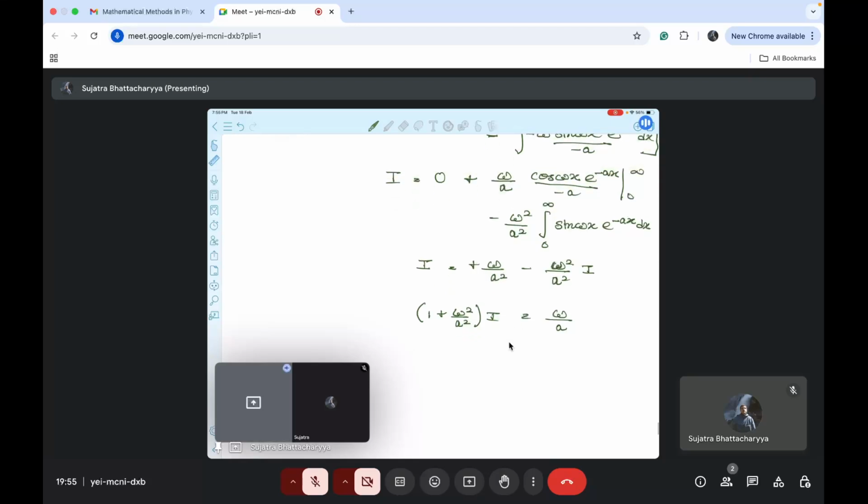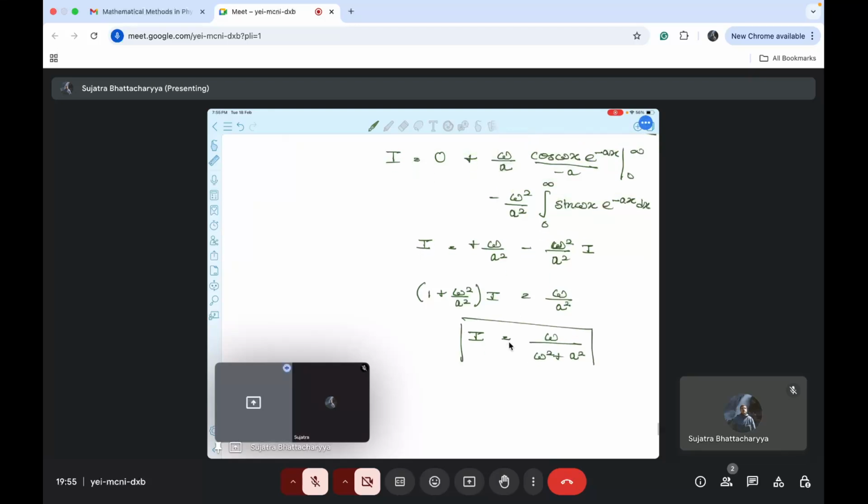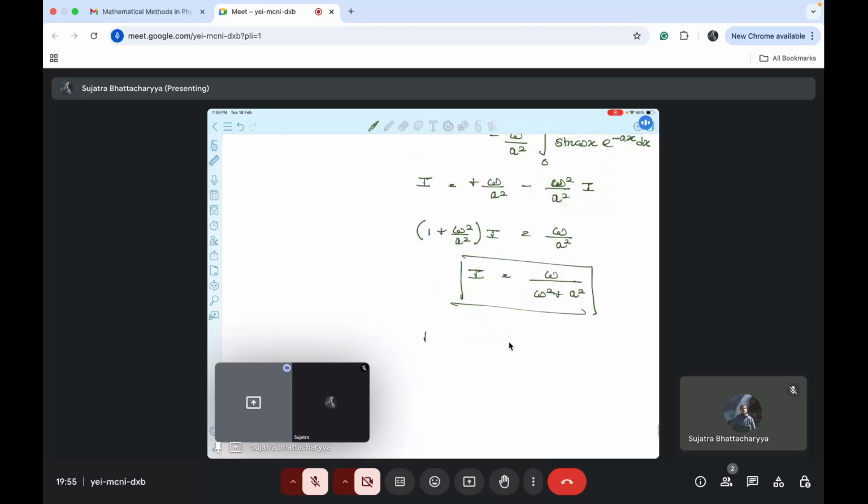So finally, I will be equal to omega divided by omega square plus a square. This is what you finally get, and therefore your f of omega will be root 2 by pi, omega upon omega square plus a square. Okay, so this is your final answer.